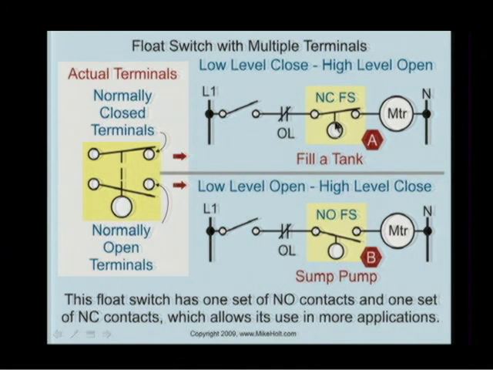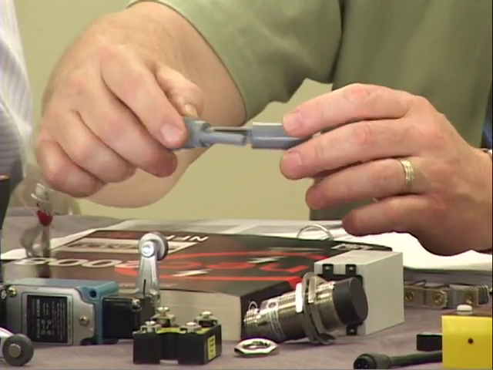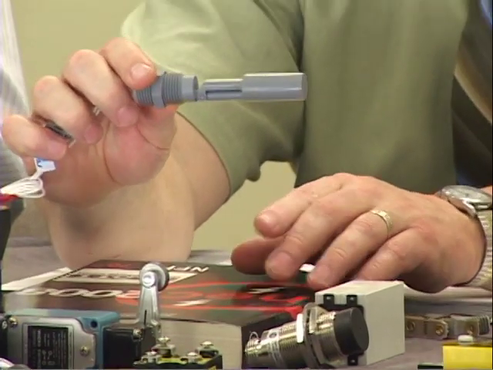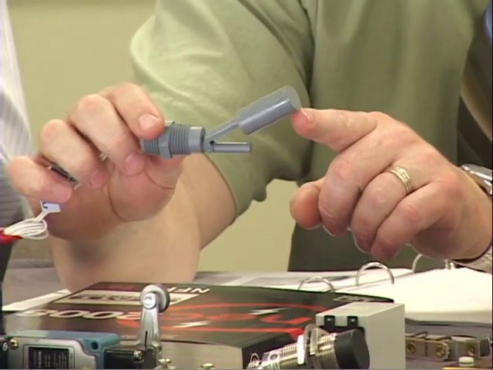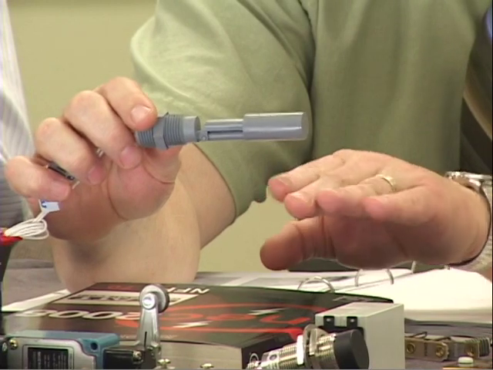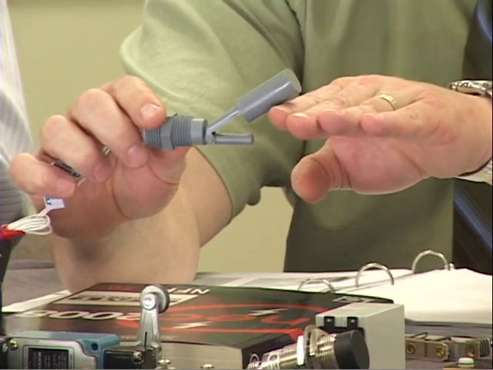Once it fills sufficiently, it would rise this lever and open the contact and stop it. Dan, show us that device, where as the liquid level rises, it opens a contact.